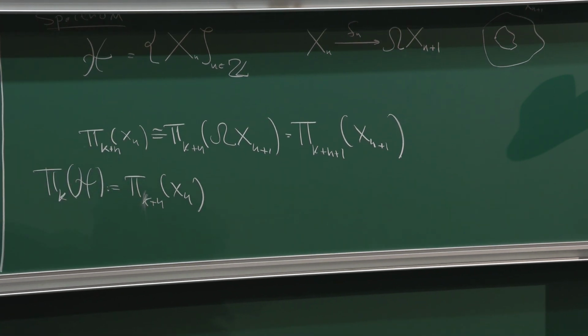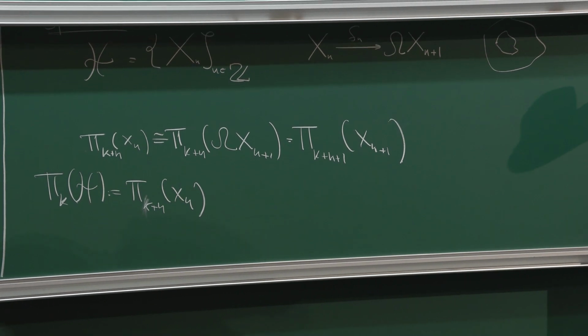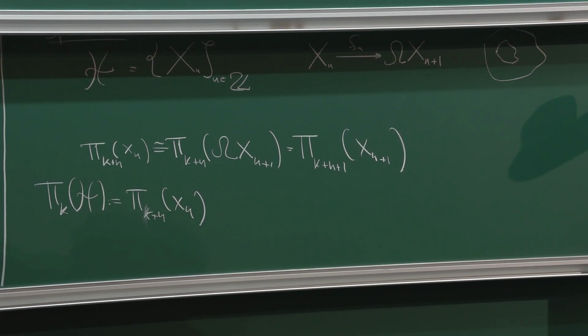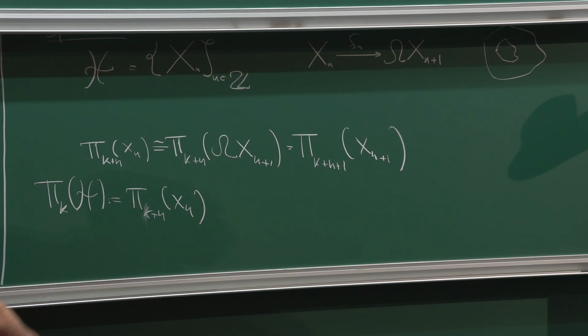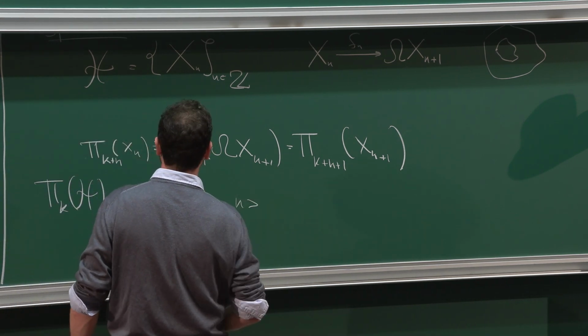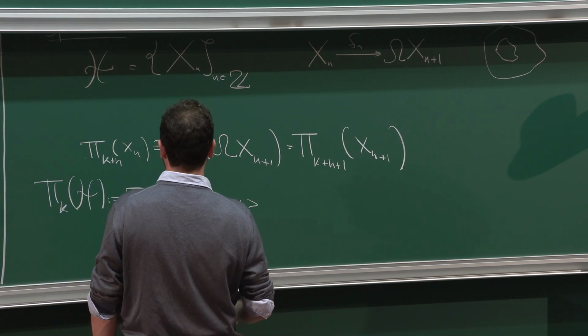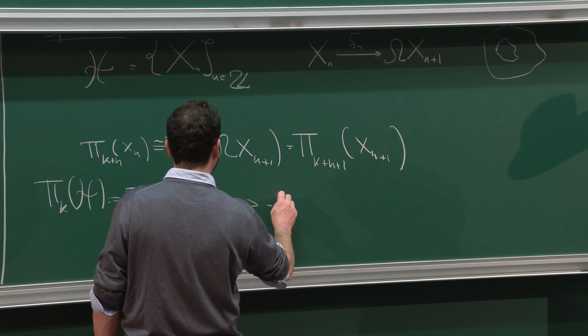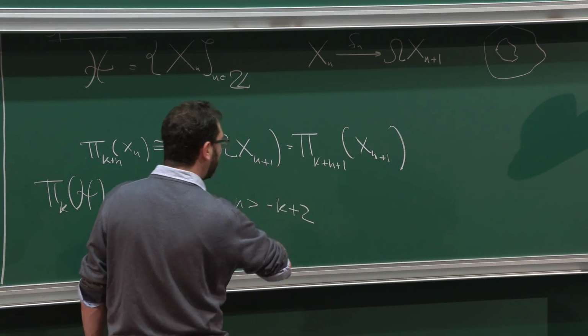I'm going to get the same answer. But that means that this thing is well defined also when k is negative. Because if I take n bigger than minus k. Yeah, so I'm going to change n to be bigger than minus k plus 2, in fact.